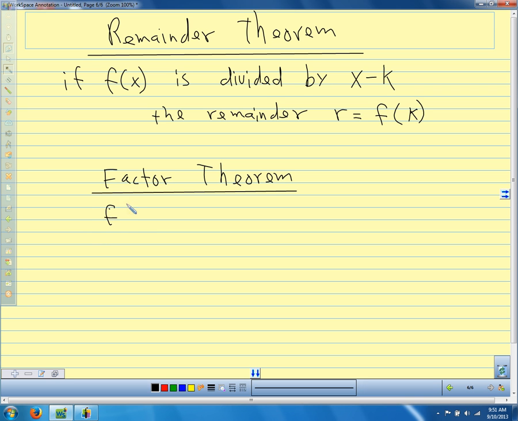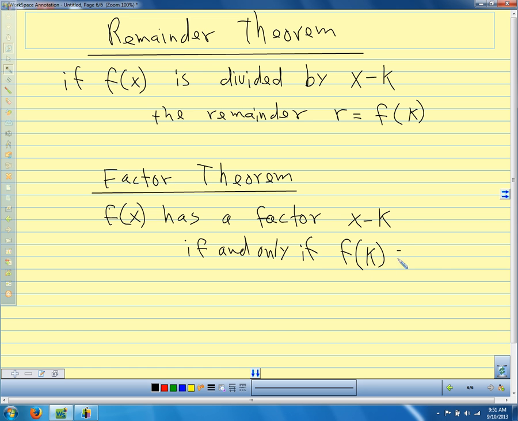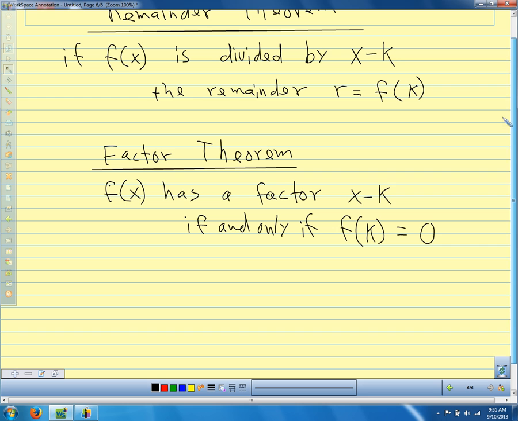So we have f of x is a polynomial. It has a factor x minus k if and only if f of k equals 0. So factor, solution, 0, we've talked about that already before.